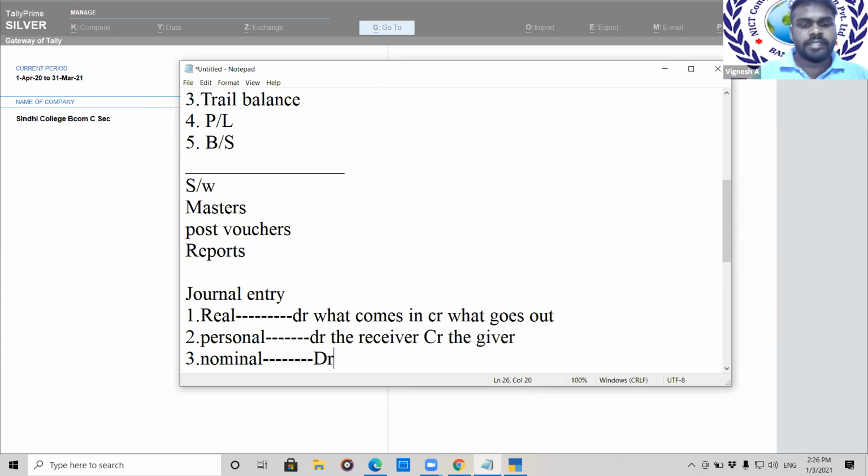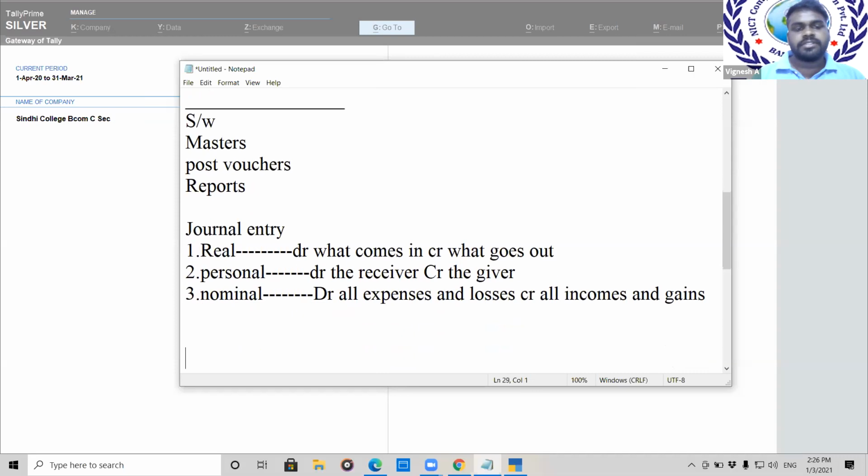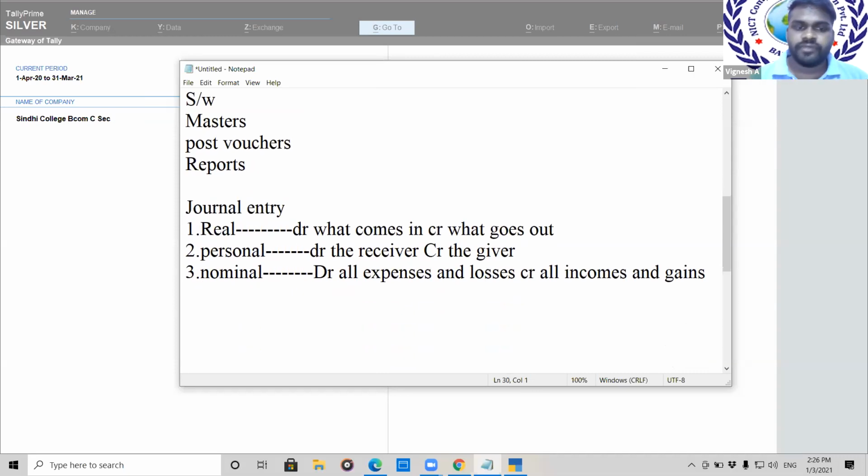And nominal tells that debit all expenses and losses and credit all incomes and gains. Okay, that's all it tells you here. Keeping these golden rules in your mind, you can post any of your journal entries. That is the main part you need to understand before anything.